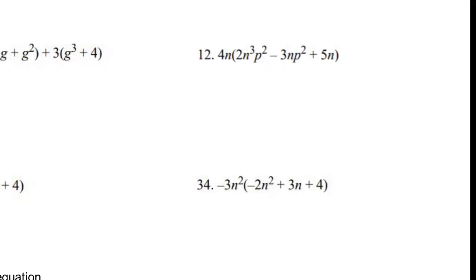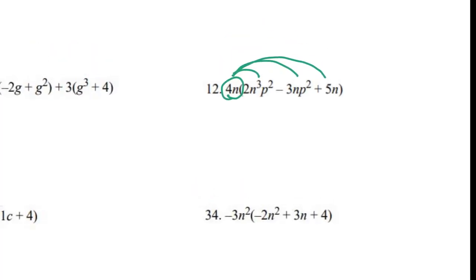Yeah, when they get all these variables together, this is a good one to look at too. So the main operation here, I would say, is multiplication. You are distributing that one monomial by a 3-termed trinomial, okay? So number 12 is 4n times 2n to the third p squared.